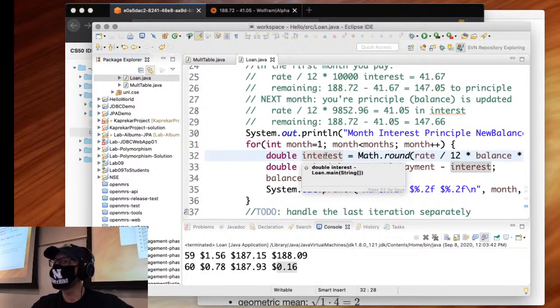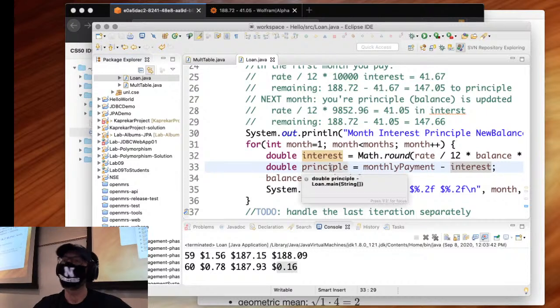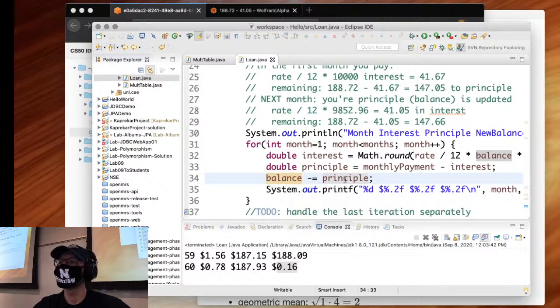So I've rounded the monthly payment. I've rounded the interest. Do I need to round the principal? If these two values are rounded to the nearest 100th, am I going to have to round the principal? Nope. Consequently, I won't have to round the balance or the principal because the principal is already going to be rounded. And that's a little bit better now, right?